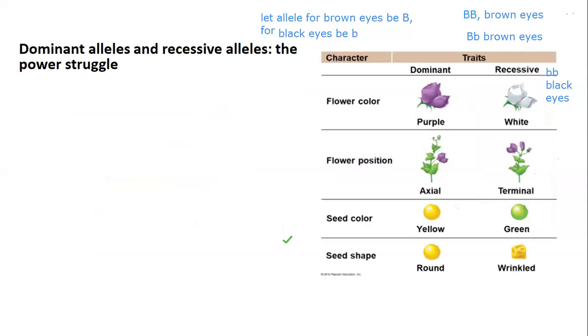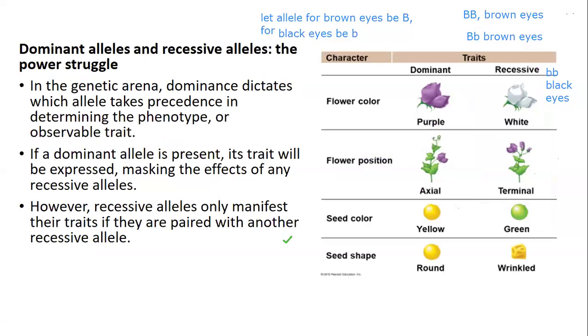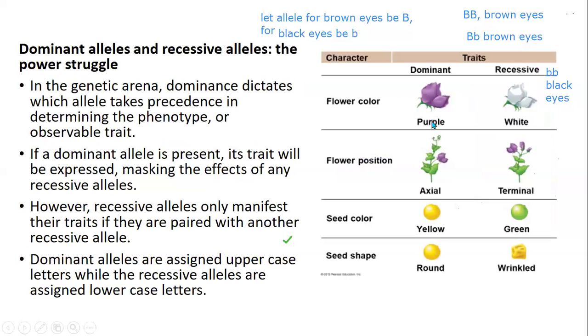If we look at this example here, these are garden peas. Garden peas have quite a number of traits or characters. One of them is flower color, flower position, seed color, seed shape. There are about 7 different characters that were studied on these garden peas. Flower color is either purple or white. You can't find any other color apart from these two in the garden peas.